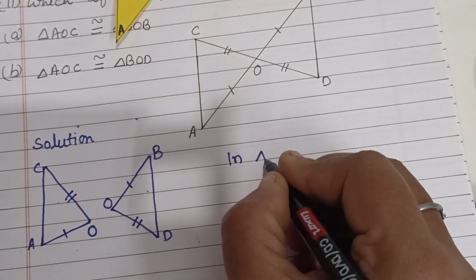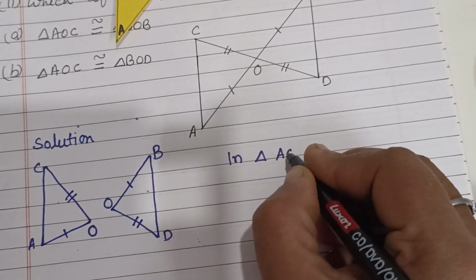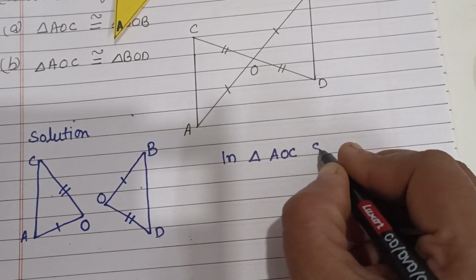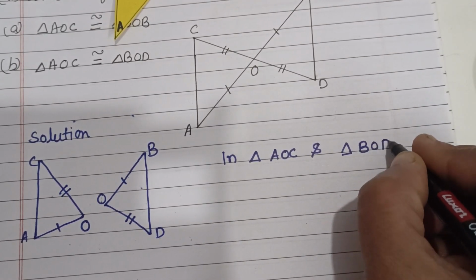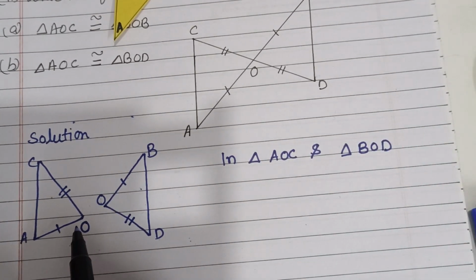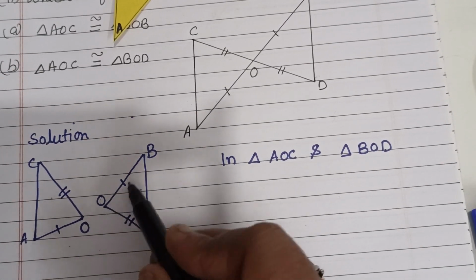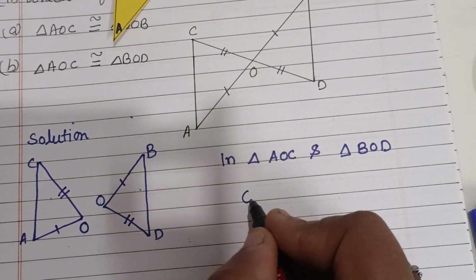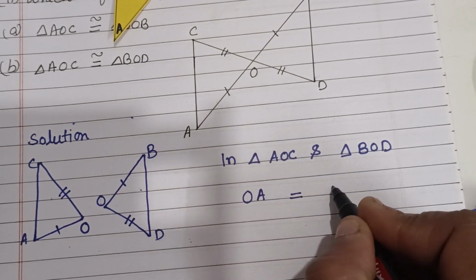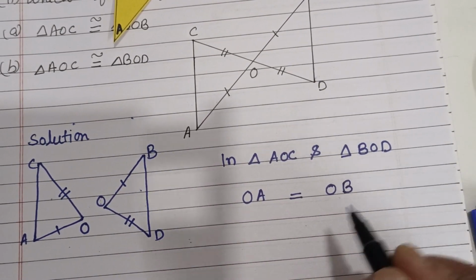In triangle AOC and triangle BOD, I can see OA and OB are marked by the same sign. That means OA will be equal to OB.